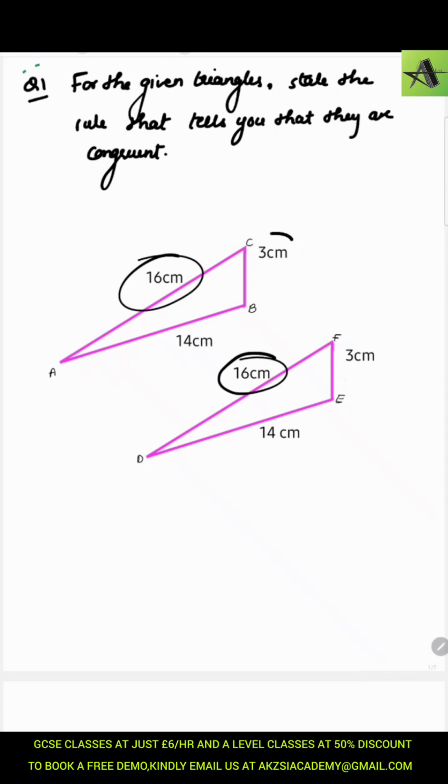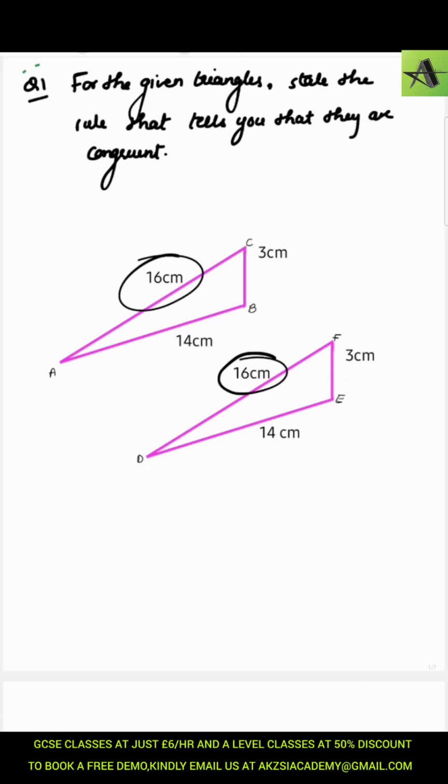The next corresponding sides are equal, check, and the third corresponding sides are equal as well, check, which means this is congruent by SSS, side side side.